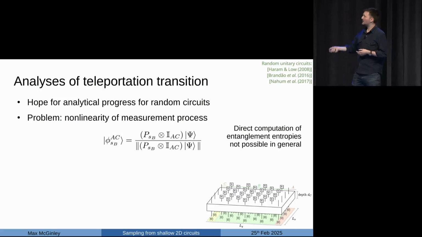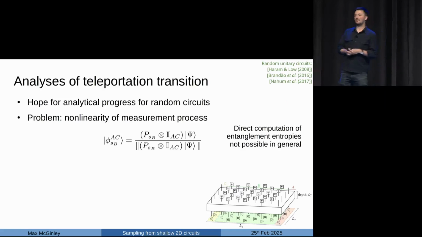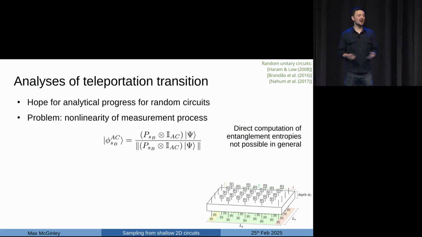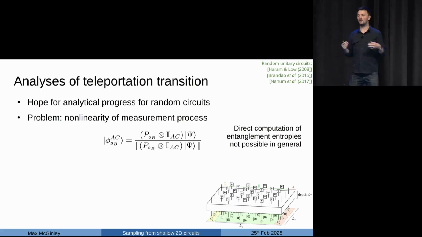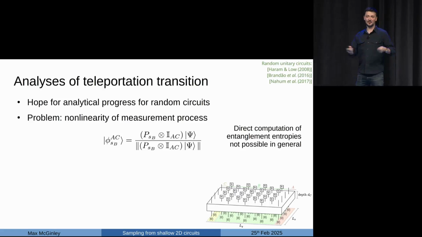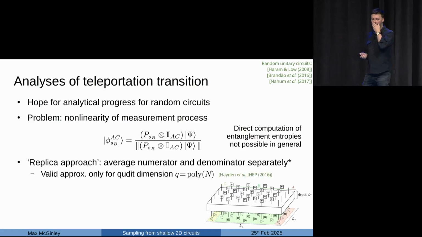And this ratio, this numerator and denominator, makes direct computation of any kind of entanglement entropies not possible. For anyone who's seen these techniques, typically the things we have access to are polynomial functions of the unitaries that go into the circuit, but averaging these kinds of ratios is a lot harder.